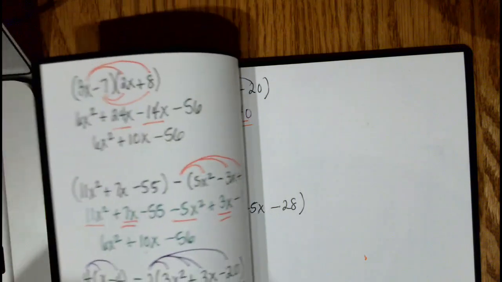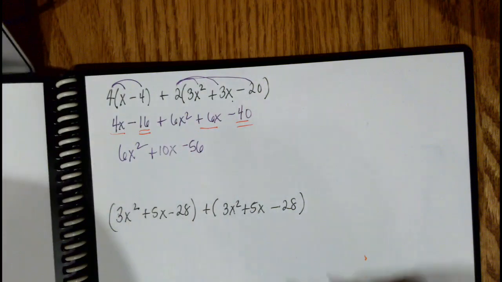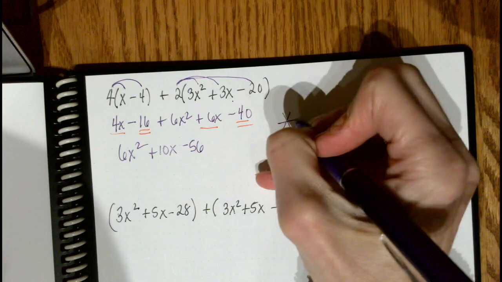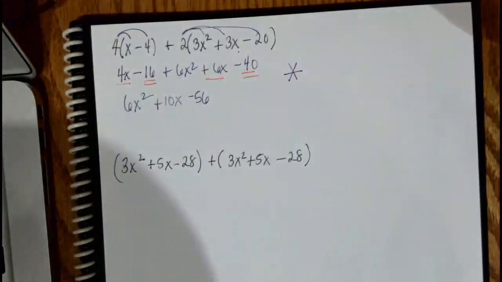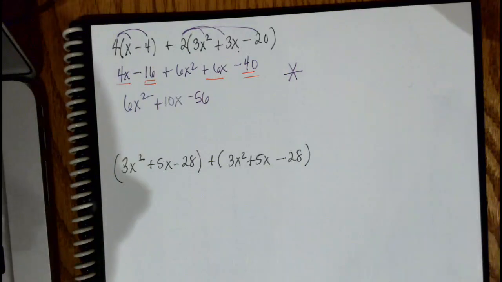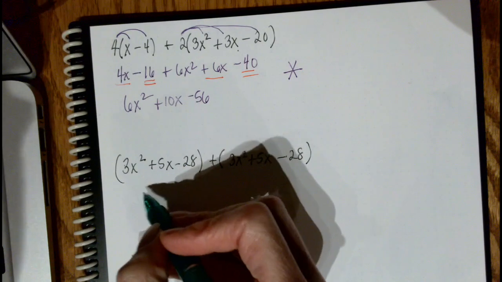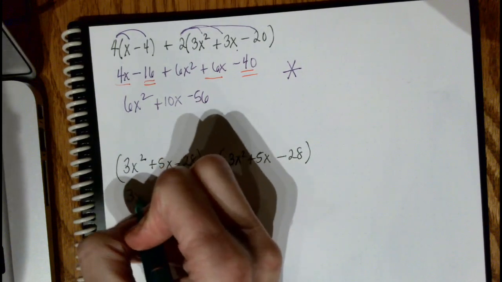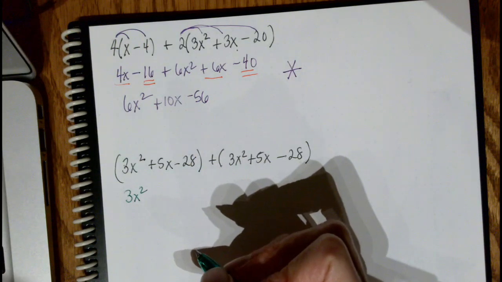So if we compare back there, 6x squared plus 10x minus 56, 6x squared plus 10x minus 56, this is an answer. And unfortunately, we can't just assume that the last one is or is not an answer. We need to work it out one more time. As we finish here, we don't need any parentheses. I'm going to check back and make sure that I copied it right.